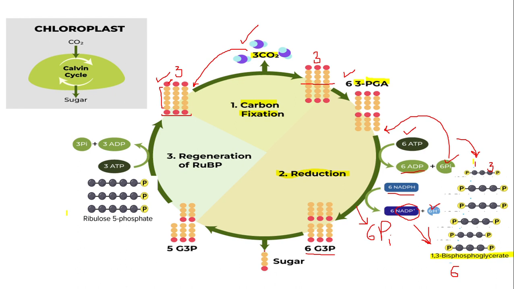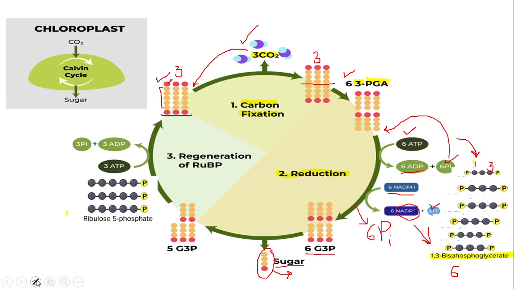One of these 6 G3P molecules will leave the cycle, and this is now the product, that is a triose sugar. Next, this triose sugar will form the glucose or other organic compound that is needed by the cell. But the sugar that is directly formed is the triose molecule.